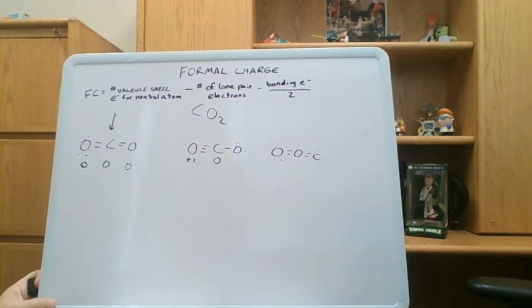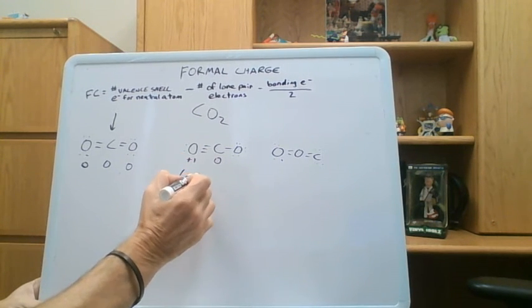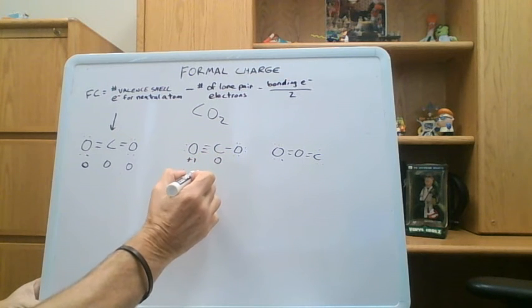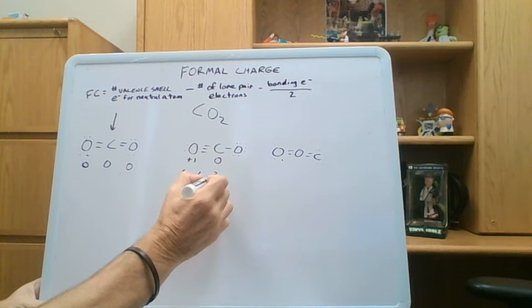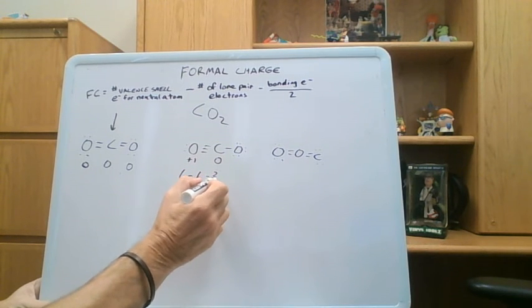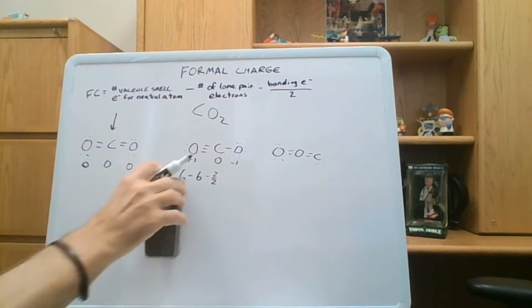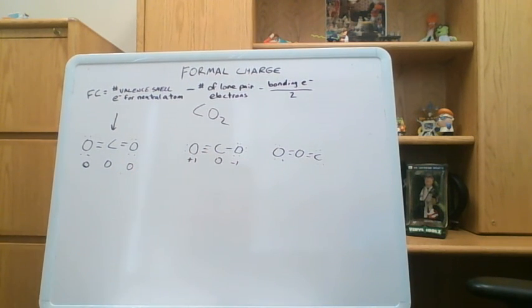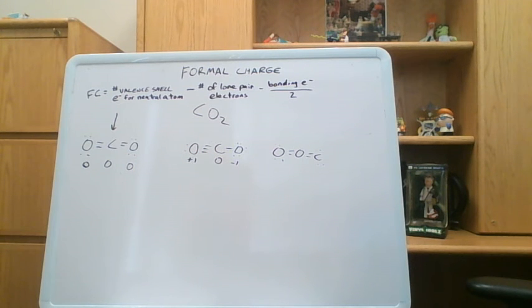If we move on to that next oxygen, it normally would have 6. It has 2, 4, 6 lone pair electrons, and it has 1 bonded pair, so 2 divided by 2. So we have 6 minus 6 minus 1, which gives negative 1 on that oxygen. So this configuration would be preferred to that configuration.